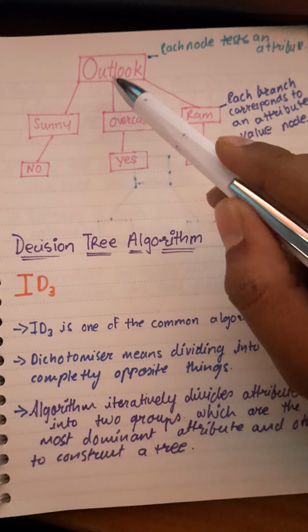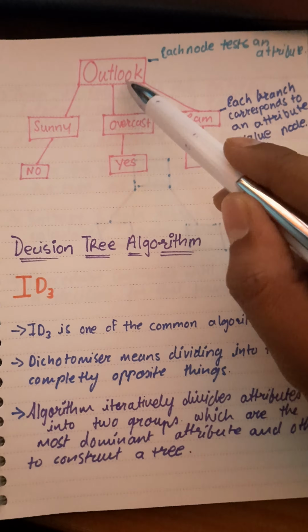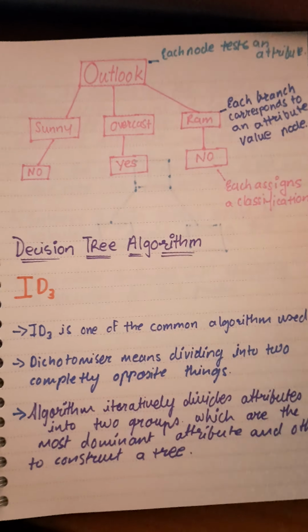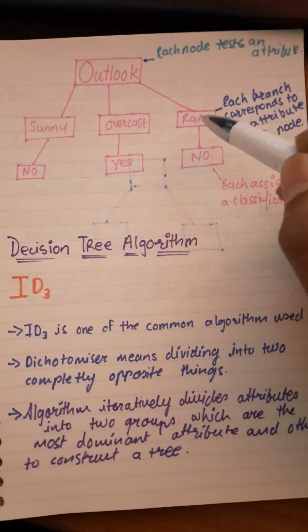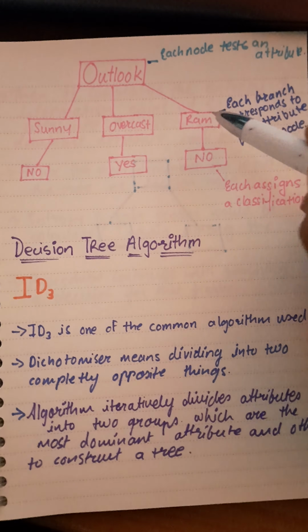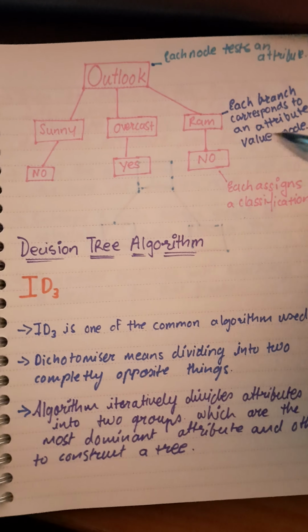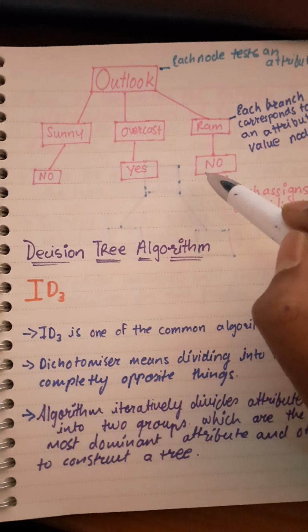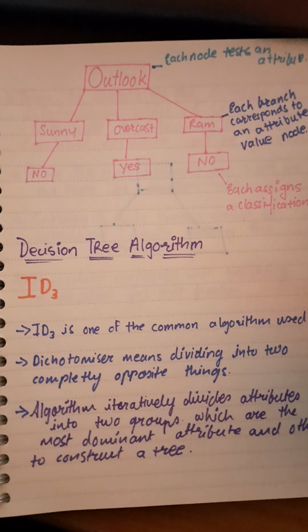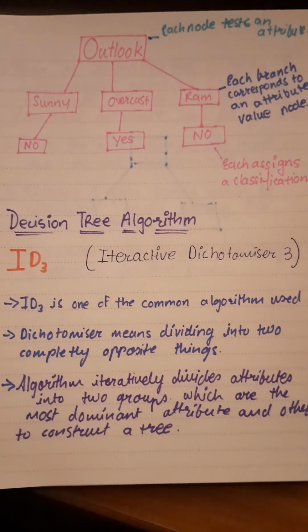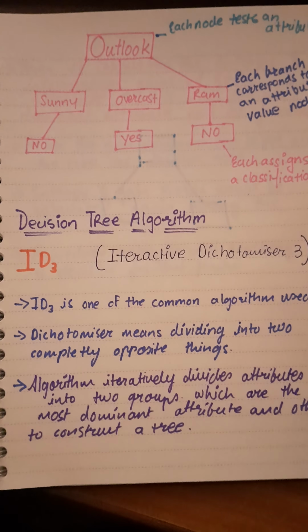Okay, so each node in this tree tests an attribute, each branch corresponds to an attribute value, and each leaf node assigns a classification. So for example, we'll take a decision tree algorithm.